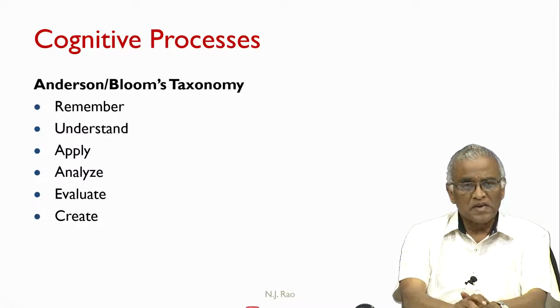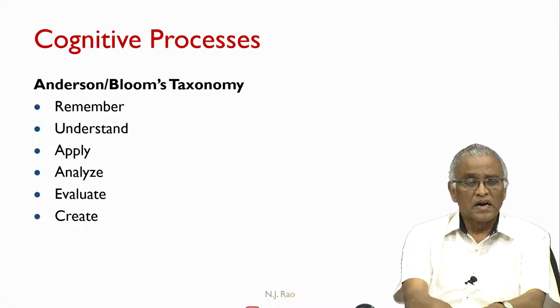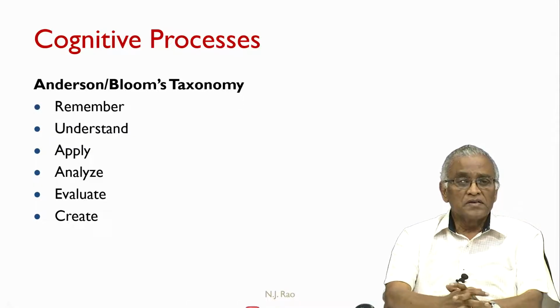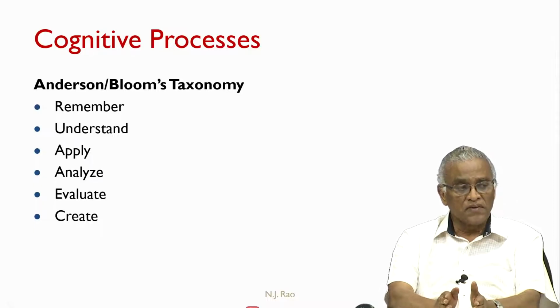Anderson-Bloom's taxonomy says you have 6 cognitive processes that are present: remember, understand, apply, analyze, evaluate, and create. A basic feature of this is that the cognitive levels are organized in a hierarchical fashion.